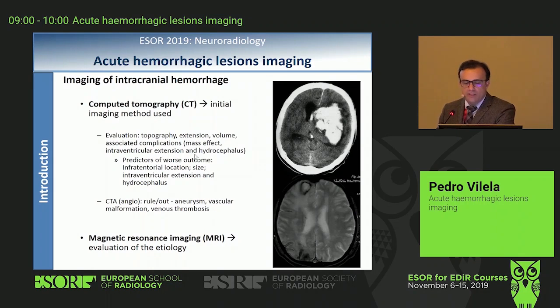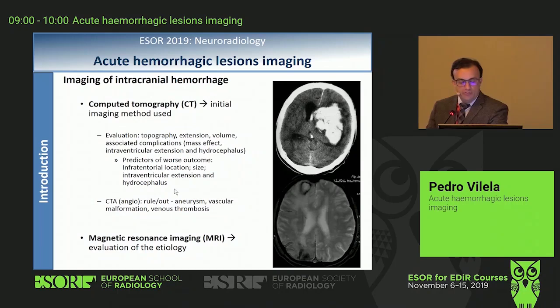The associated complications are mainly the mass effect, especially if there is a brain herniation, as in this case with right-sided midline shift, and intraventricular extension with hydrocephalus. So the predictors of worse outcome that we must report are the size, intraventricular extension, hydrocephalus, and regarding topography, the ones at the infratentorial location, especially at the brainstem.